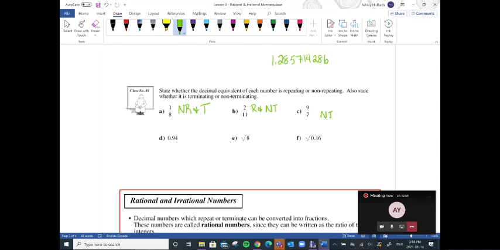But is it repeating or not? You have to be very careful with some of these decimals. If I look at this, there's no repeat from 285714, but then we've got 286. So sometimes it helps to write this out. Let's just assume it's repeating.